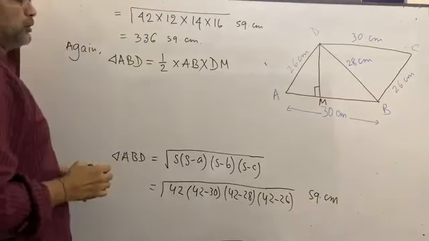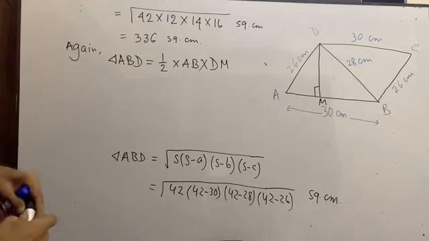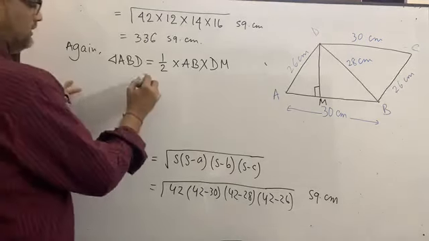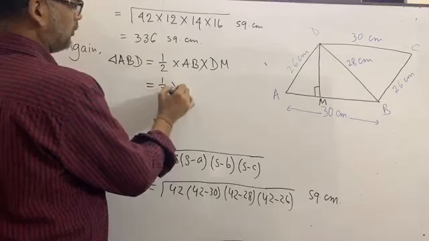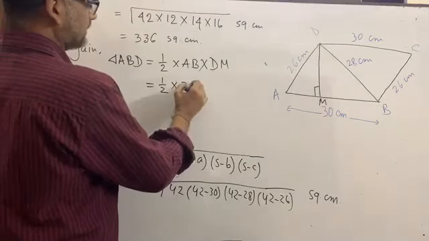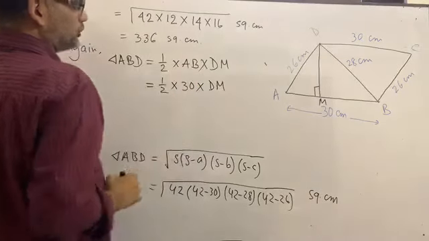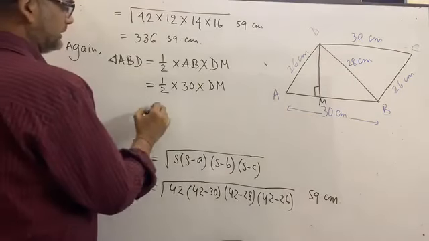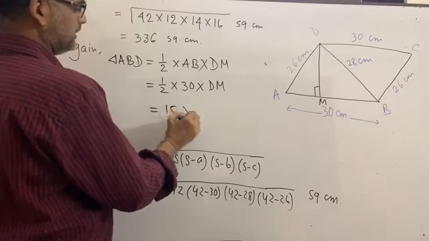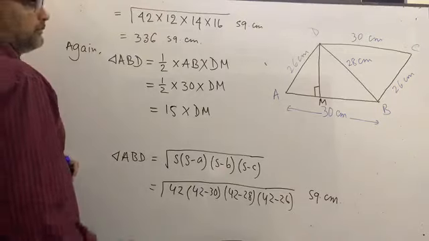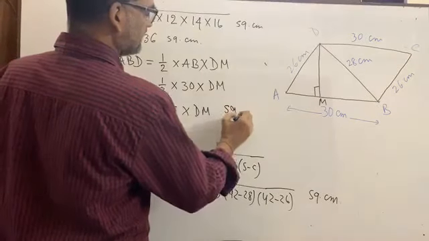I have written the formula to determine the area. ABD, half into base into height. Then half, what is AB? 30. What is DM? I don't know. DM I don't know. We have to find. That is 15 into DM square centimeter.